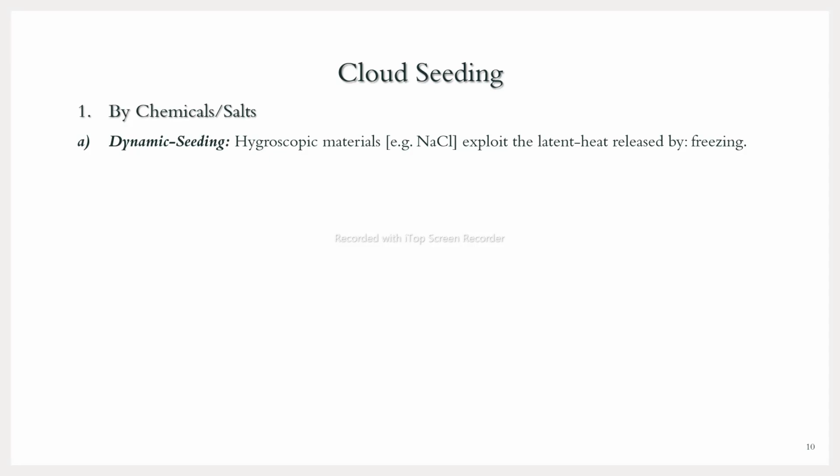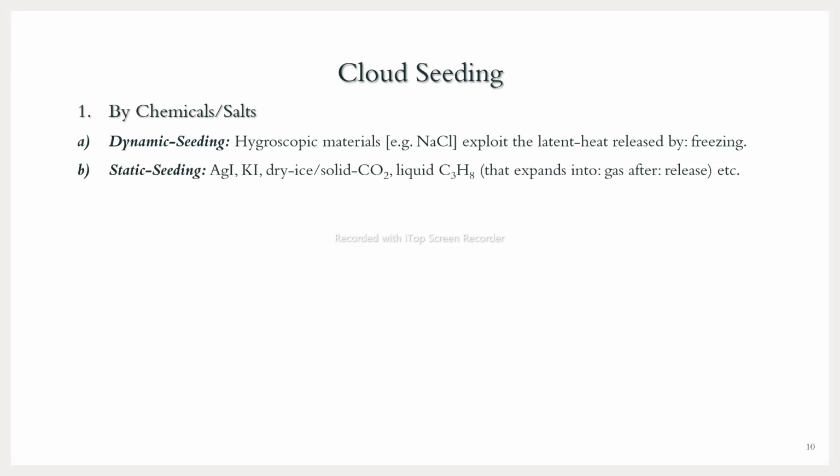One is a size based method, where the particles eventually become larger droplets, become heavy and fall. That is called static seeding. And the latent heat based method, where the latent heat released by freezing is exploited, and the precipitation or raining occurs. This method is called dynamic seeding.